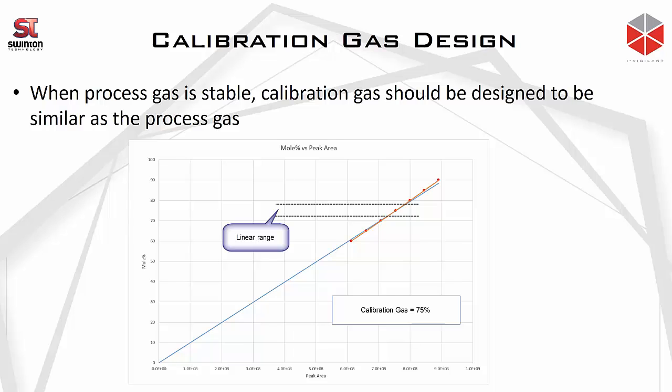And this is why it's important to understand what kind of range we actually operate in our actual process. So when the process gas is stable, the calibration gas needs to be designed in accordance with, or similar to, the process gas composition to ensure that we operate in the linear range that the GC operates on.